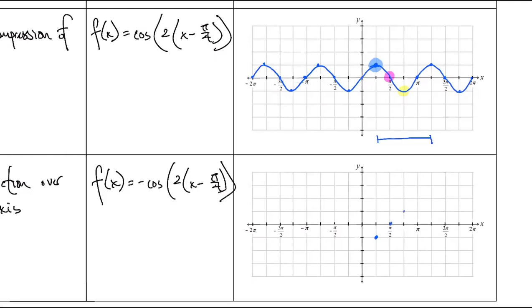Basically, I'm going to flip all of the points I drew. So we've got our yellow one up here now. Our pink one is still in the middle, and the blue one is now down here. Okay, and then from there, you could fill in all the other parts.